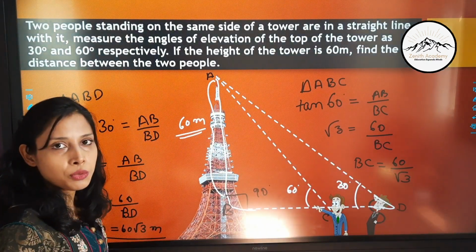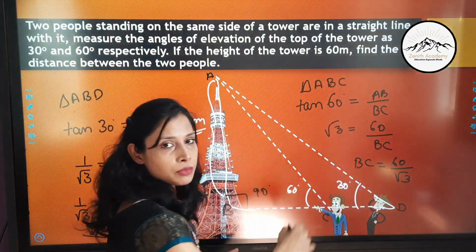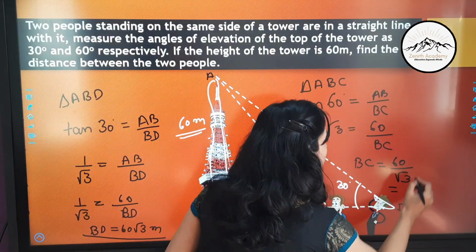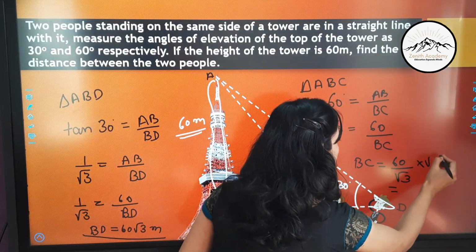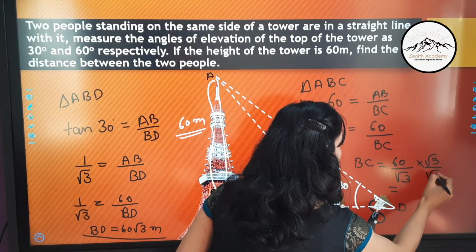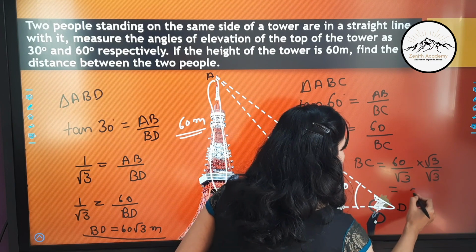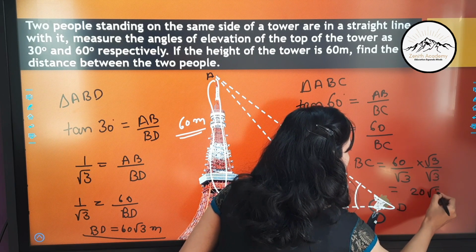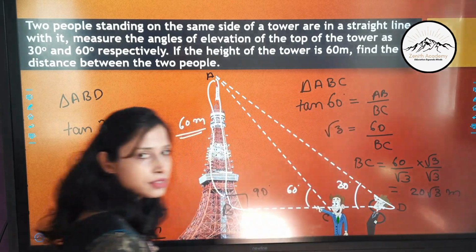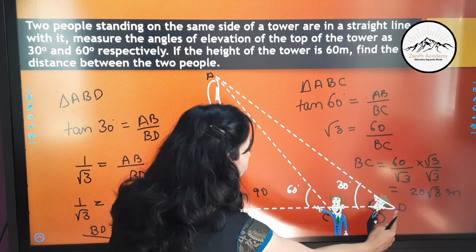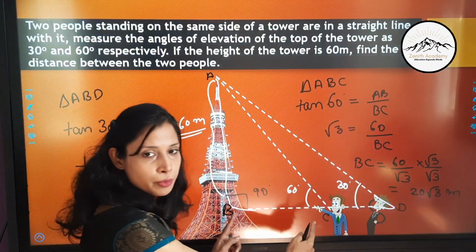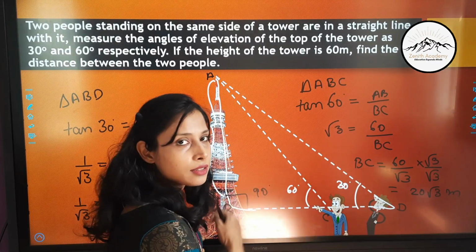As in our previous question, we have rationalized the same term, we can rationalize here also. So 60 divided by root 3, multiplied by root 3 upon root 3, and what we will get is 20 root 3 meters. Now we have whole BD and we have the value of BC, so we can easily find the value of CD.